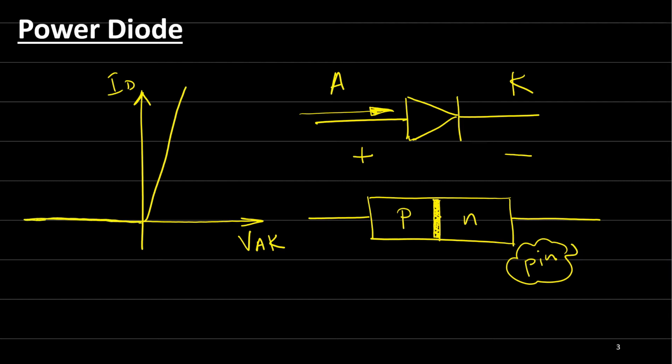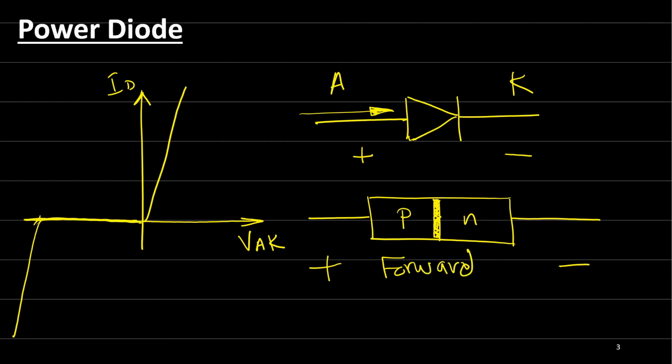And at some point, here we have the breakdown voltage, which will be negative. Here, if this is plus and minus, it will be in the forward bias, and if this is minus and plus, it will be in the reverse bias.